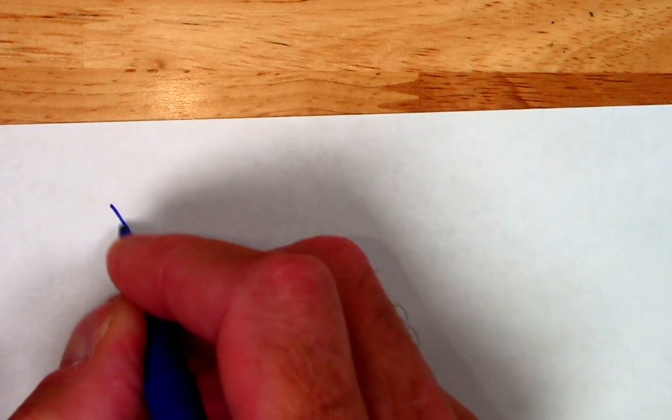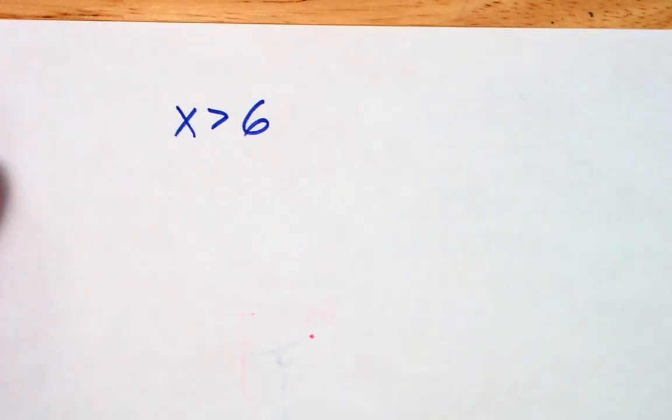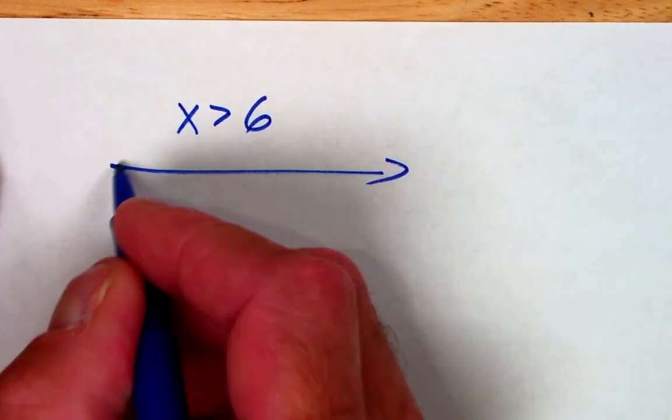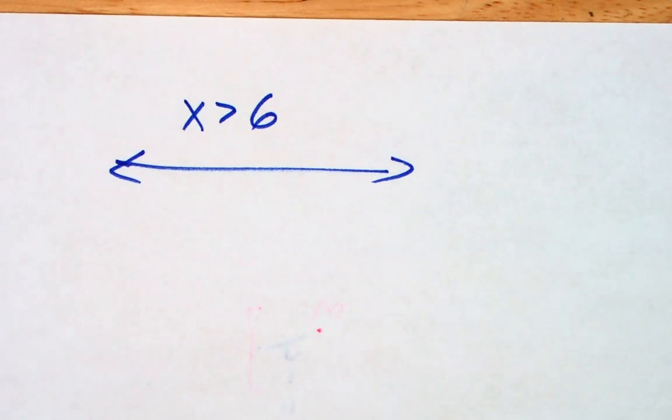Let's graph some things here real quick. Just on a number line, not an XY coordinate plane. X is greater than 6. Graph it on a number line. Show me. Good.